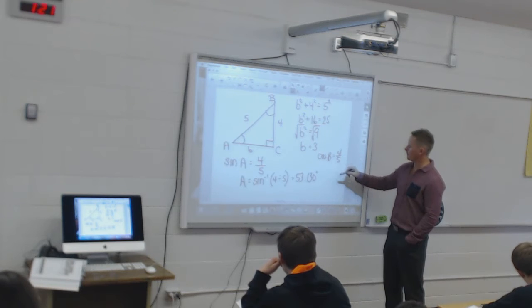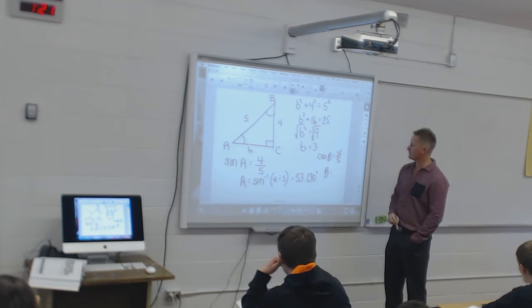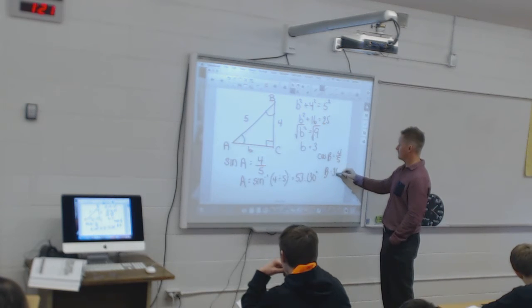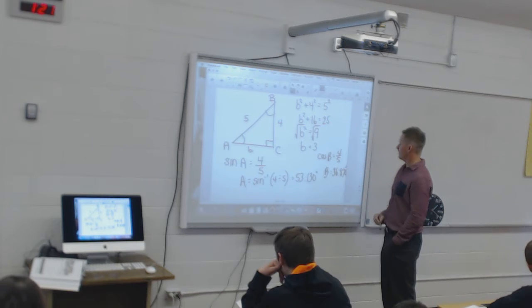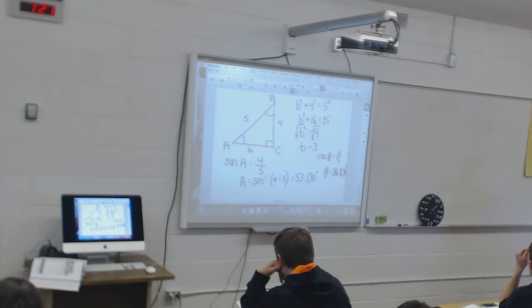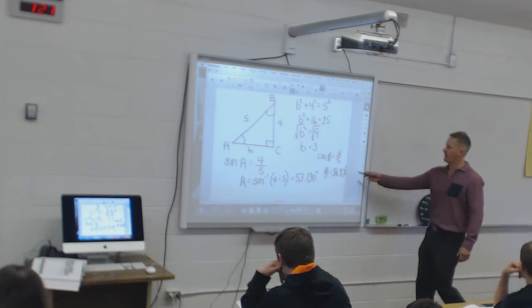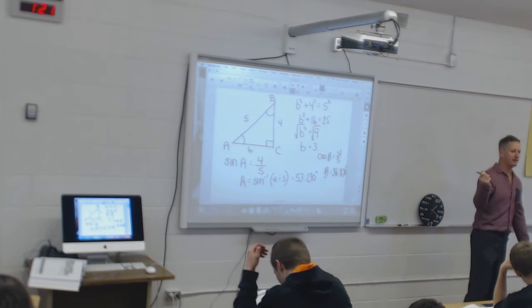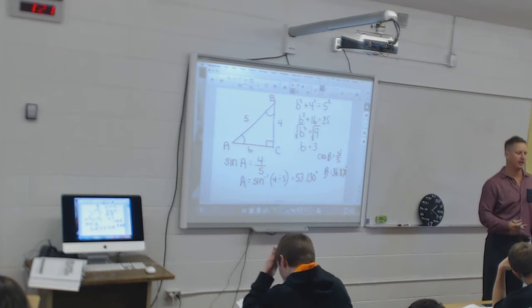Cos B is 4 over 5, B is equal to 36.87. Now I use my knowledge of triangles, and I add these two together, and what should they add up to? 90, because the other angle is 90, and they should add up to 180.